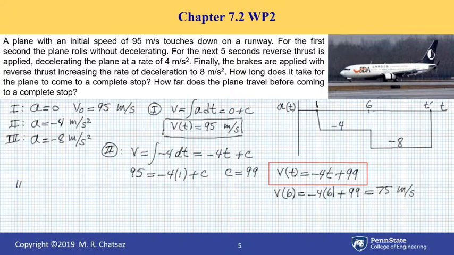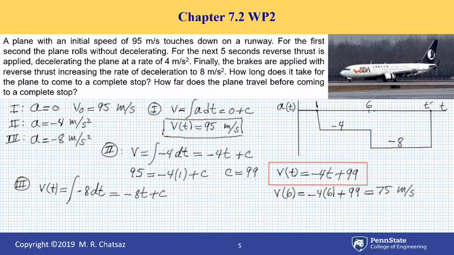So for the third phase of motion, velocity as a function of time is the integral of acceleration, which is minus 8 dt. This gives us minus 8t plus c.